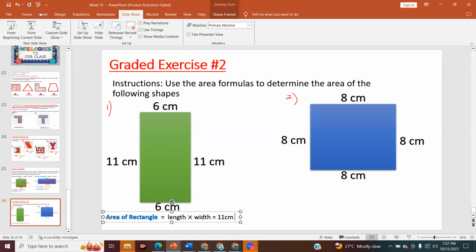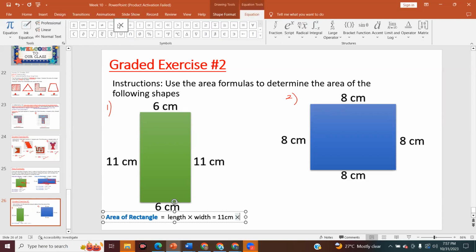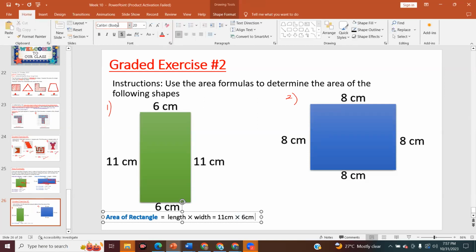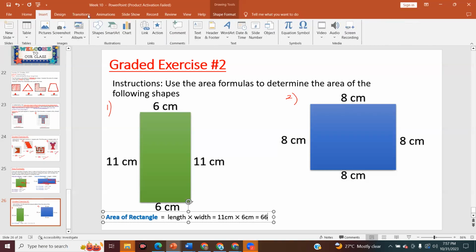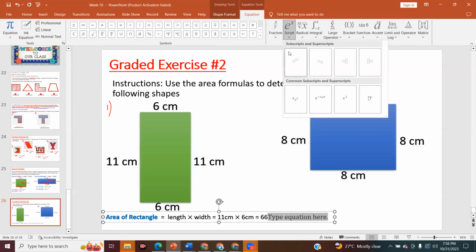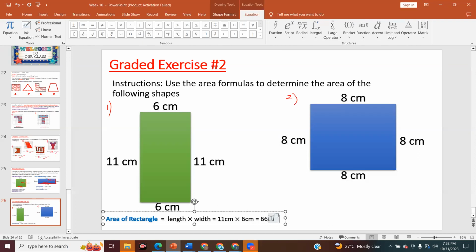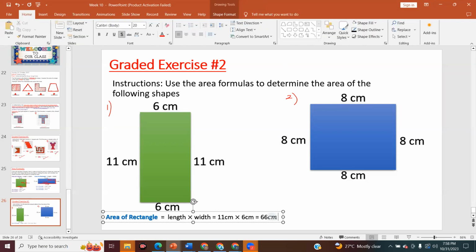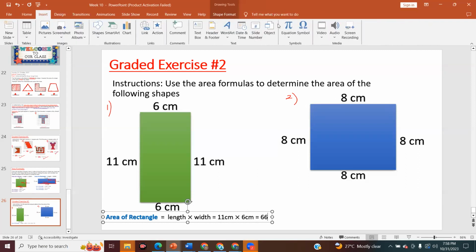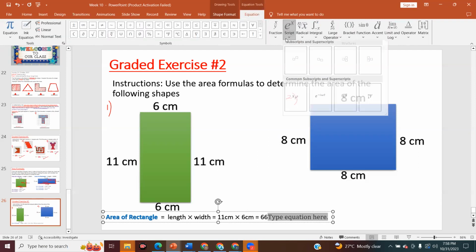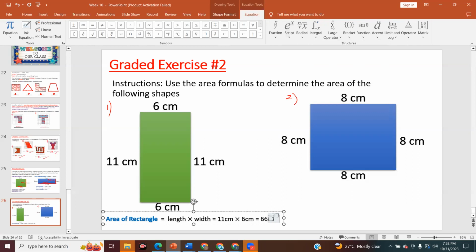So it's going to be length times width, which is 11 centimeters times 6 centimeters, which is going to be 66 centimeters squared.